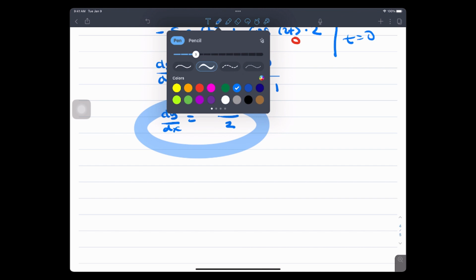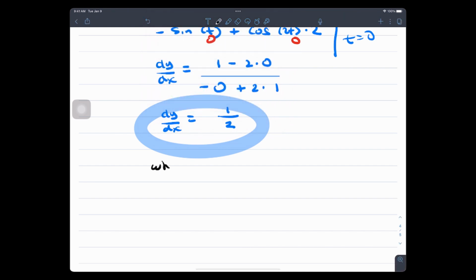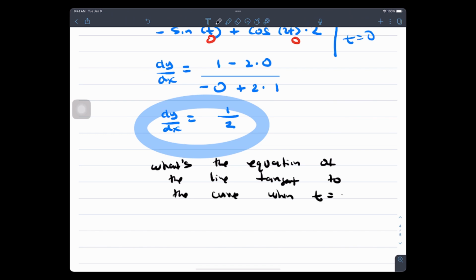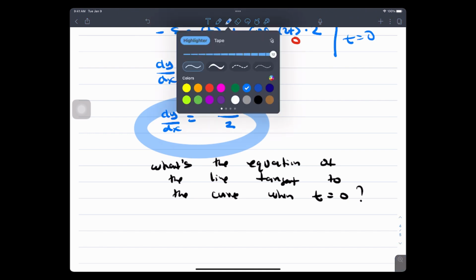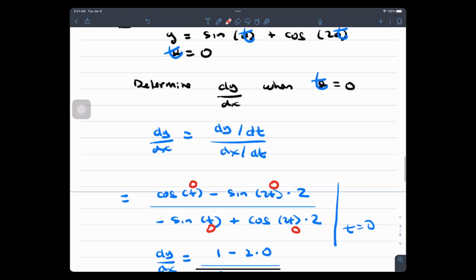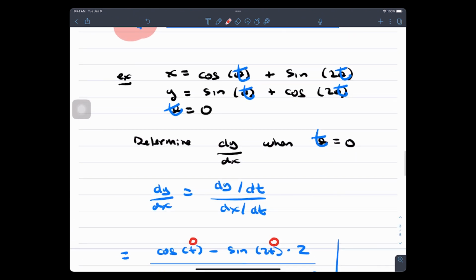And then what's the equation of the line tangent to the curve when t is 0? Very common. So what do you think you're going to do with t now?